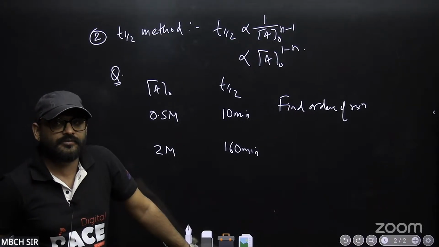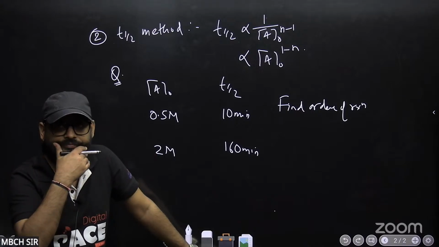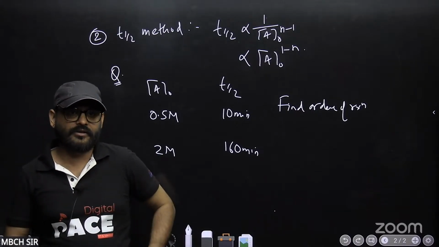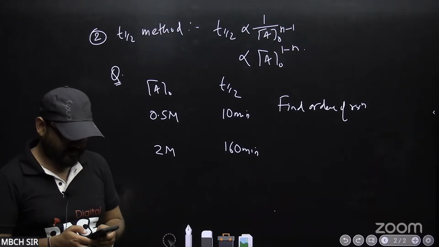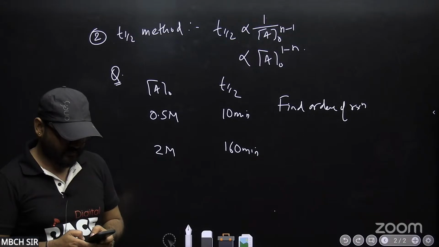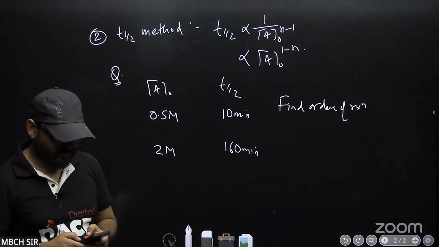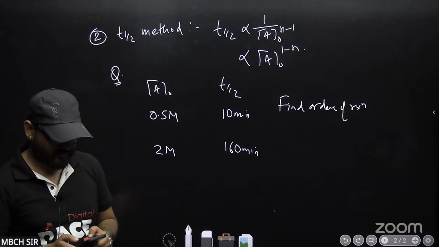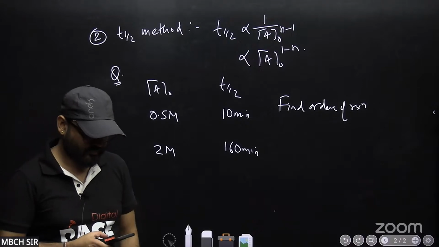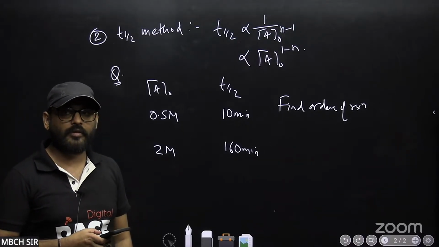Answers, answers, answers. Ishan, your answer is incorrect. YouTube people, 1 minus n is 2.